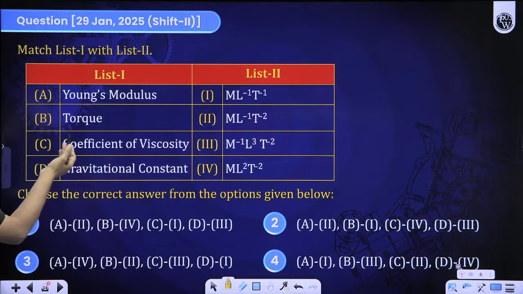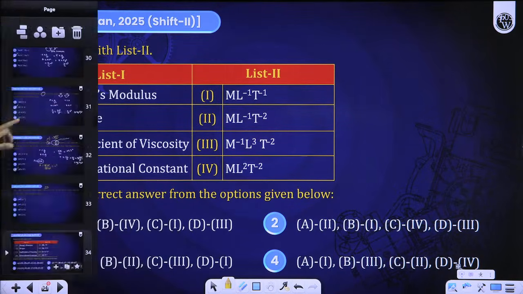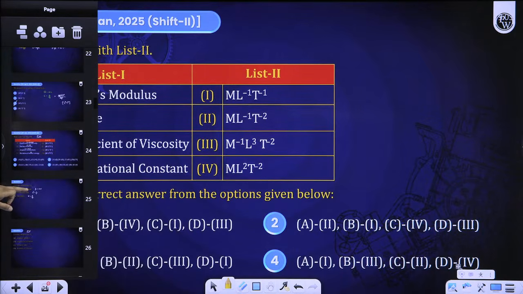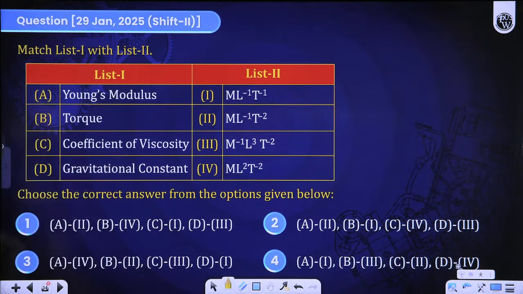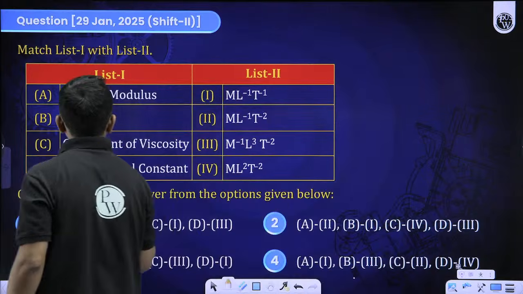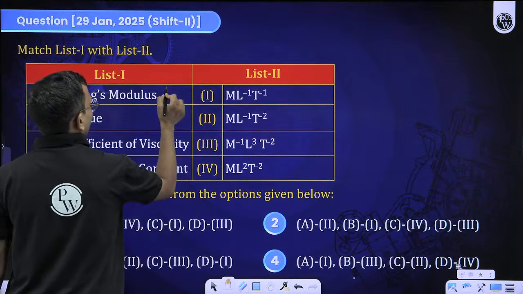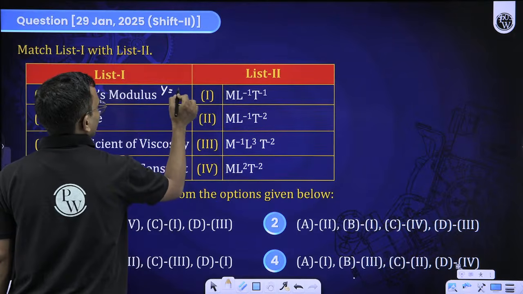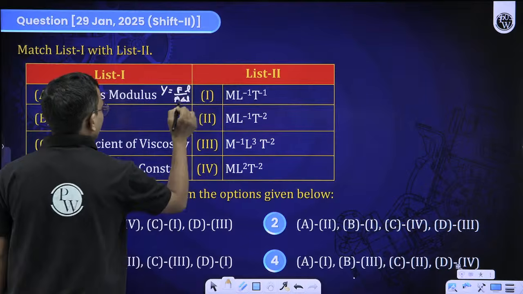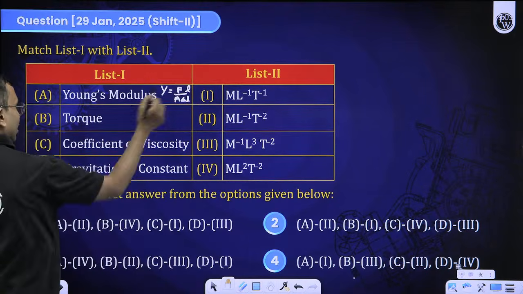Young's modulus, coefficient of viscosity, gravitational constant, and all these you can do. I think there was one more question previously relating to coefficient of viscosity. Yes, previously we discussed that. So here I am just telling you the formulas. You use those formulas to write. For Young's modulus, Y is equal to force by area over delta L by L, change in length over length.